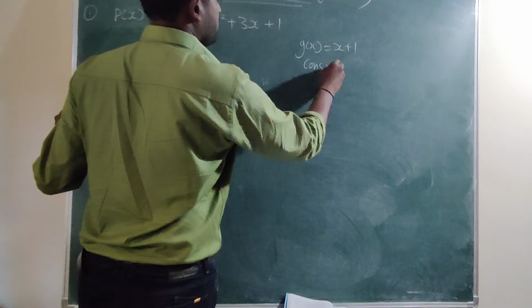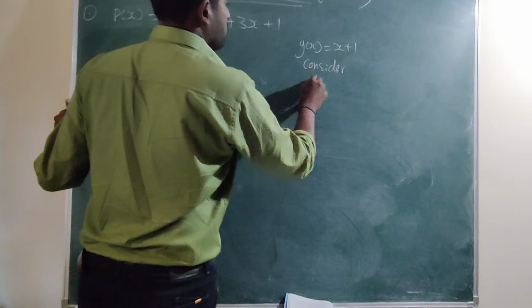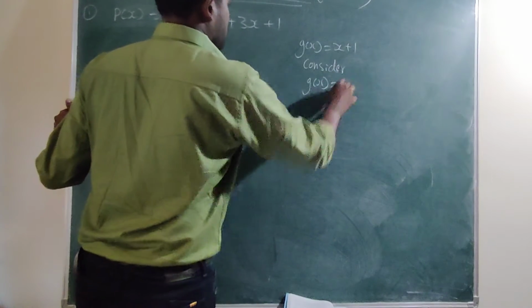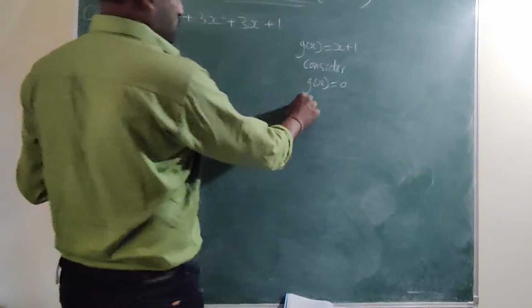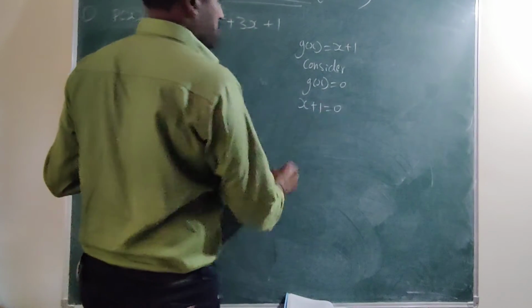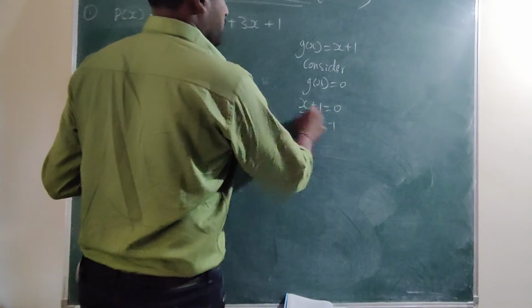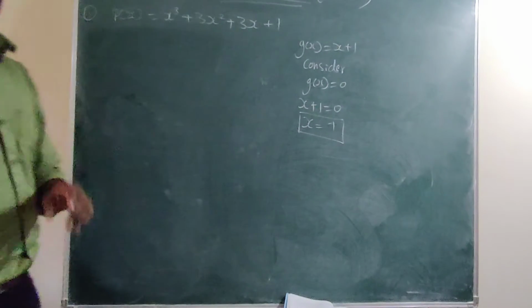As I said, first step is consider g of x is equal to 0. G of x is equal to 0 means x plus 1 is equal to 0. If plus 1 on transposing, it becomes minus 1.